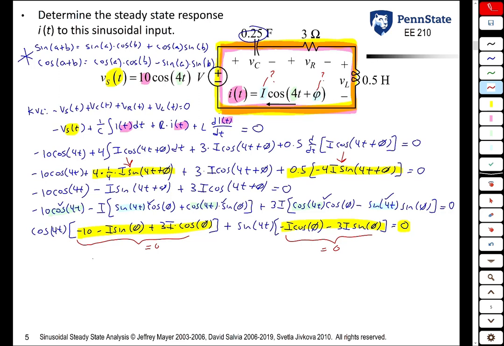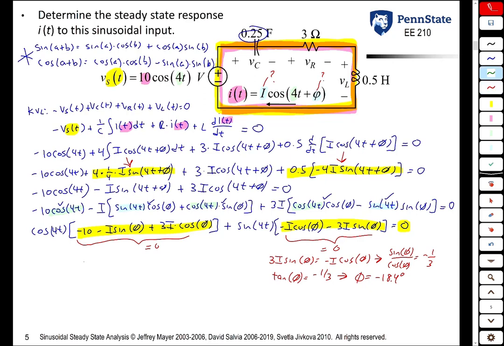Bringing the 3I sine of phi to the other side, we see that 3I sine of phi has to equal minus I cosine of phi, which in turn is saying that sine of phi over cosine of phi is equal to minus 1/3. But sine of phi over cosine of phi is tangent of phi, so tangent of phi is minus 1/3. Solving for phi, we get phi is the inverse tangent of minus 1/3, or negative 18.4 degrees.